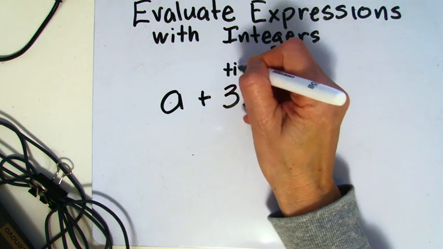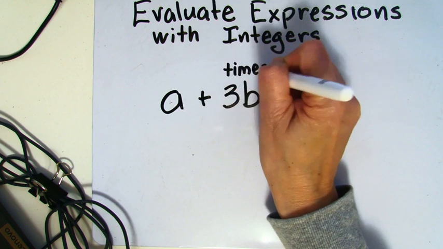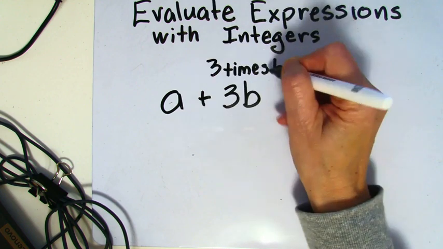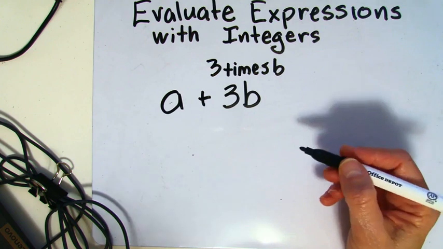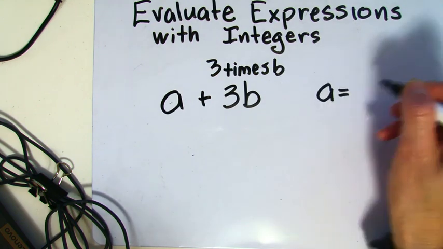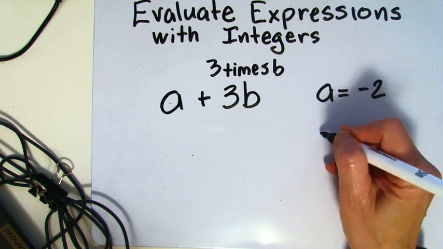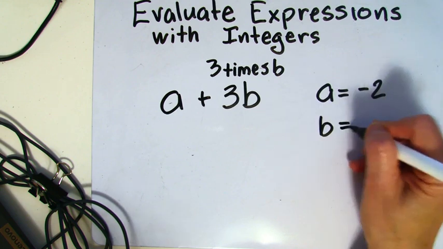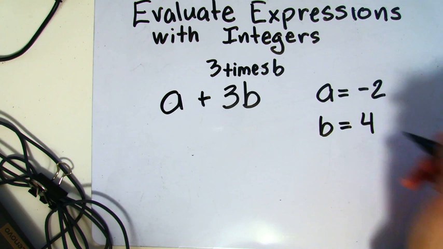So we're going to times, so 3 times B. That's basically what that means. And let's say that A equals -2 and B equals 4.